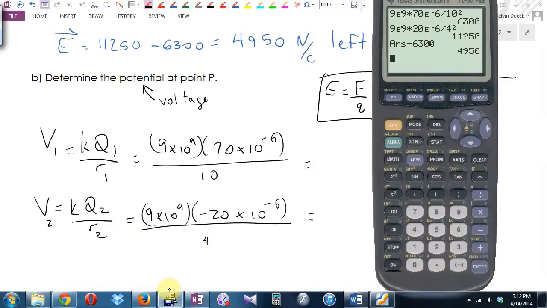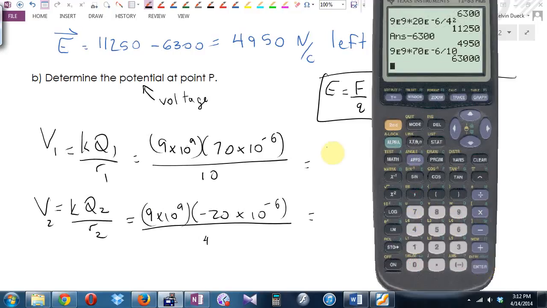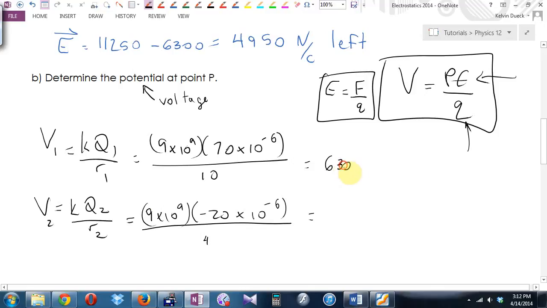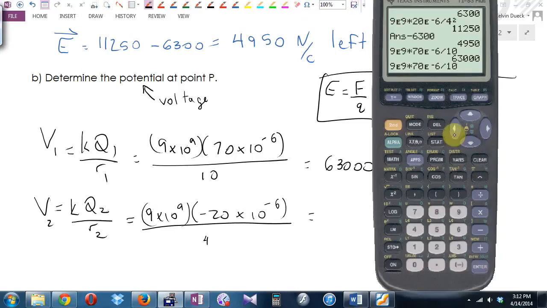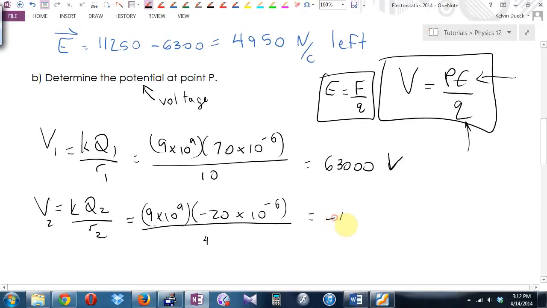In the first one, I'm going to get a positive voltage of 63,000 volts. In the second one, I'm going to get a negative voltage of negative 45,000 volts.